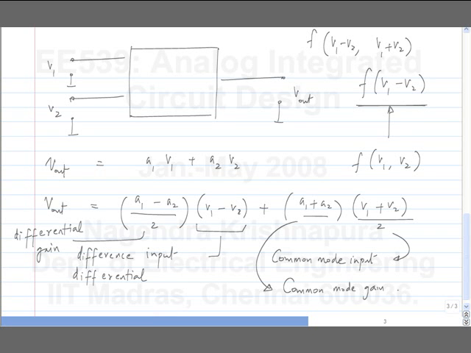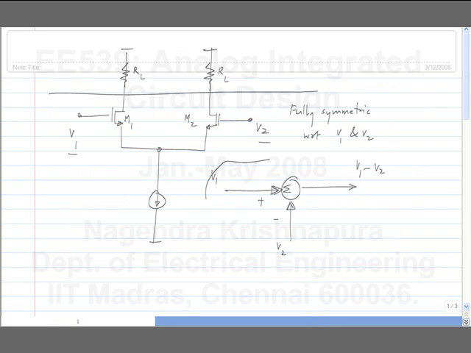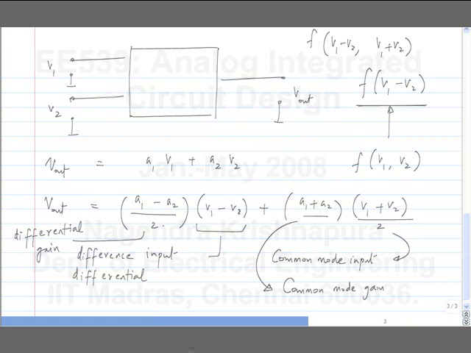We can take the difference, that's the differential input, and we can take the average, that's the common mode input. So we can also express the output in terms of the differential and common mode inputs. And if we are interested in a block like this, right, where we want to subtract V2 from V1, then we would want the differential gain to be non-zero and the common mode gain to be 0. Okay.